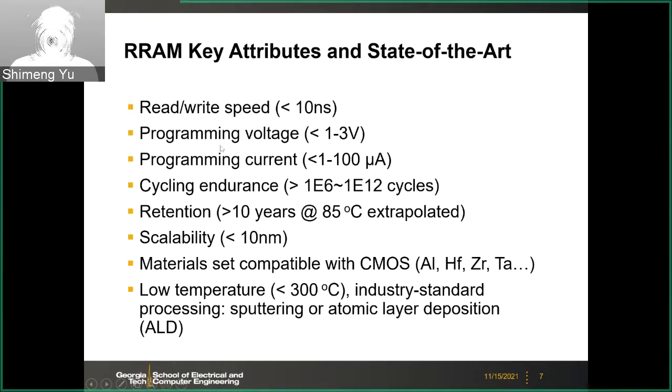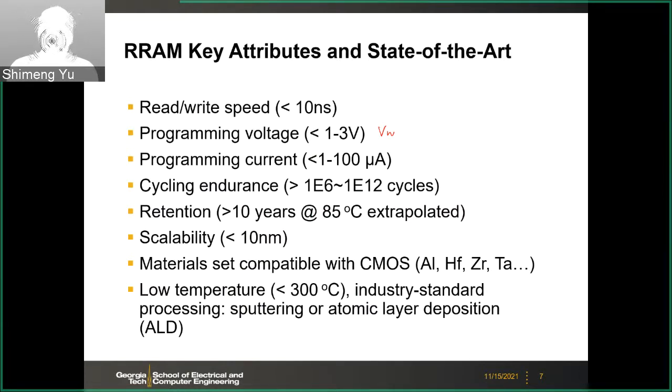And typical programming voltage, this is write voltage, the V-write, needs like 1 to 3 volts. This is higher than the logic VDD, like your SRAM needs only less than 1 volt. But this one needs a little bit higher voltage, typically in the range of the I/O voltage, but it's lower than the flash, which needs more than 10 volts.